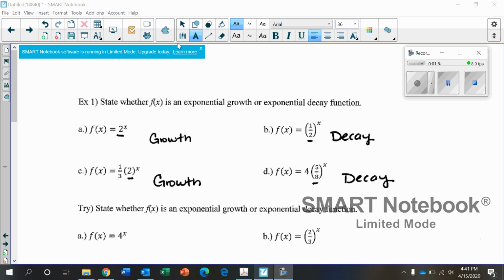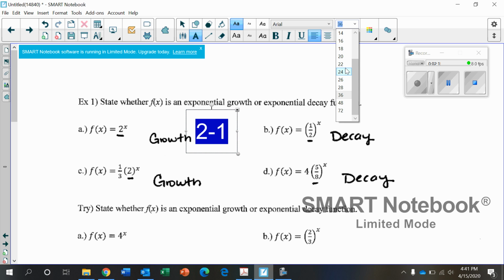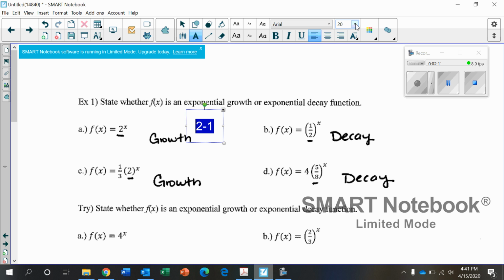Now I want to take it a step further, and I want to figure out what my R value would be, or what my growth rate would be. So all you're doing is taking this number here, your 2, and doing 2 minus 1, which equals 1.